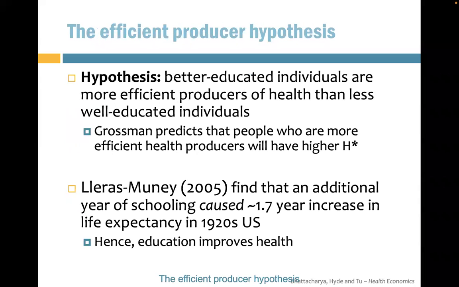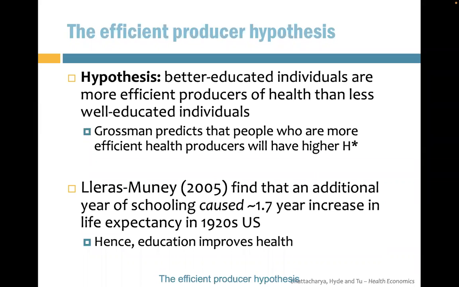So this hypothesis believes that better educated individuals are more efficient producers of health. Think of highly educated people. They are better at learning how to take care of themselves, so that they have a relatively better health outcome that they produce on their own.